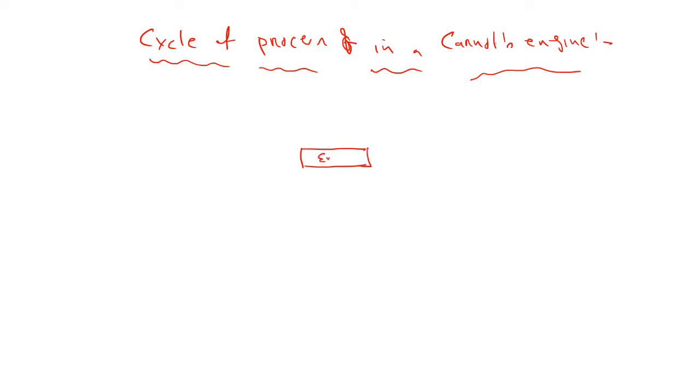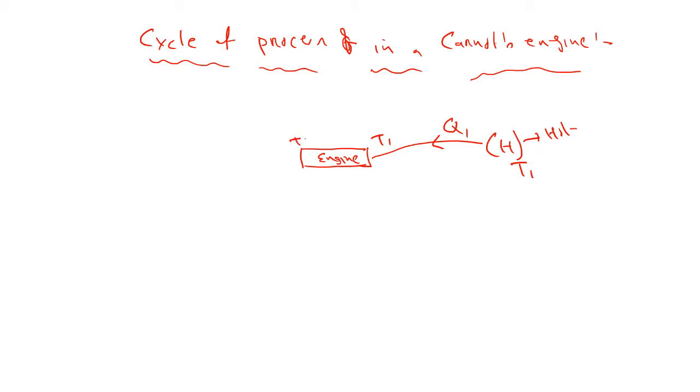Suppose this is the engine, and this is Q1. This H means hot, and the temperature is T1. It is the higher temperature. This part is also T1. This is the engine.